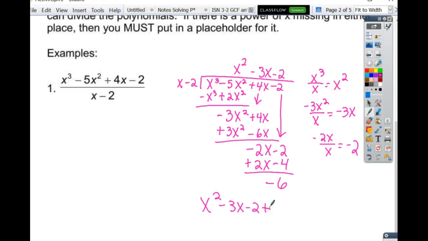And then you always put a plus. Always put a plus. No matter what. Every single time the remainder is always a plus. And then I'm going to put the minus 6 over x minus 2. And I'm going to show you why on the next step that's always a plus.